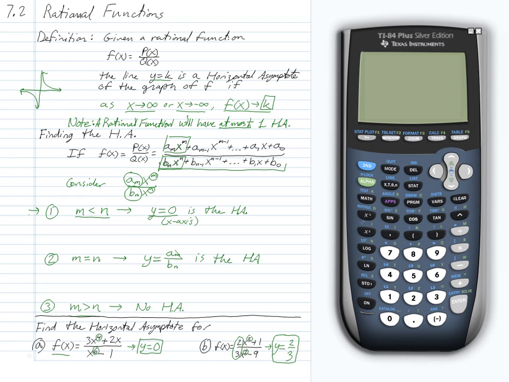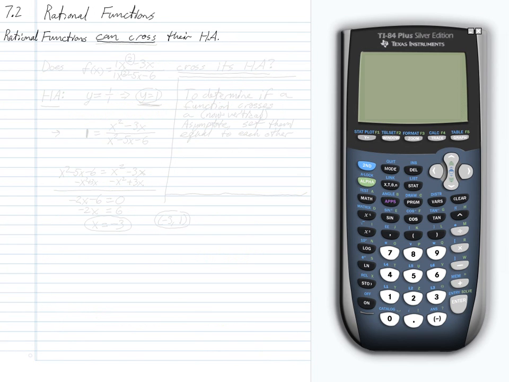So it may have none, or it will have one and only one. Now, as I mentioned before, rational functions' horizontal asymptotes are a concept of infinities.